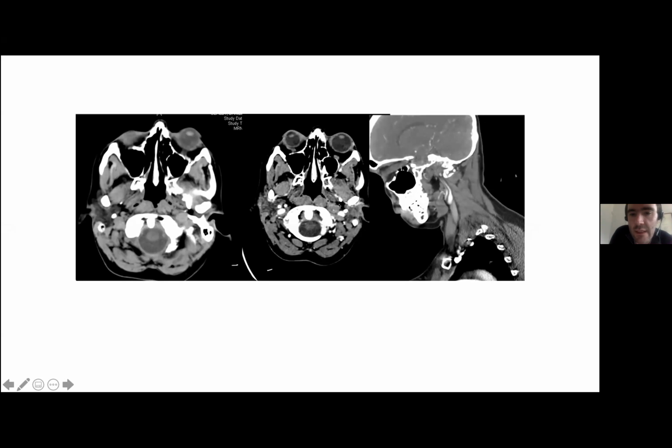What this does is it causes compression of the sympathetic chain in the neck, because the sympathetic chain runs next to the carotid artery within a sheath, called the vascular space or the carotid sheath, and it's a tight fascial structure, and any blood in here doesn't go anywhere. It just gets contained within that fascial sheath, and the sympathetic plexus runs next to the vessels there and gets compressed, and that's what causes the classic Horner's syndrome. Okay, so that was a nice dissection.